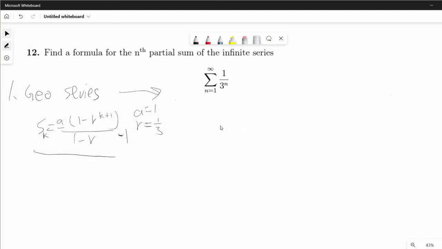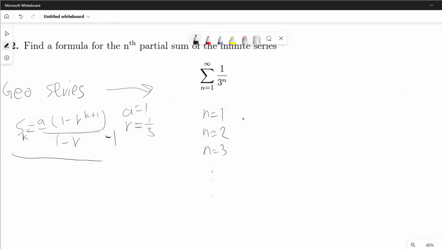You stare at this and it's staring back at you. What I recommend in that situation is that you write a couple of partial sums. You write a couple of the sequence down and then calculate the sums for that, right? So you have, let's say, n equal to 1, n equal to 2, n equal to 3, etc.